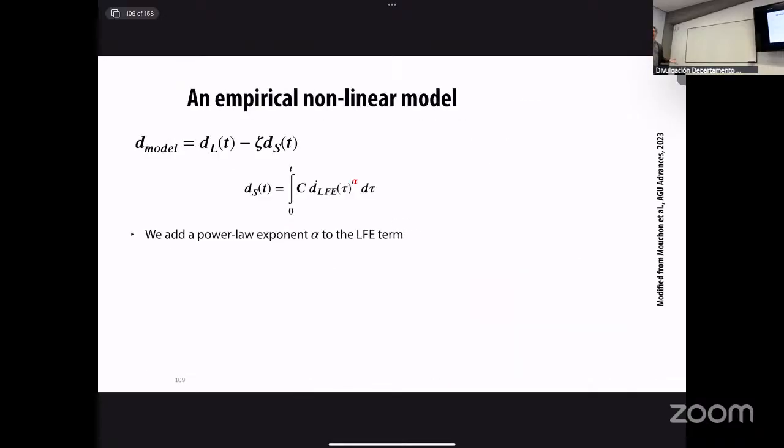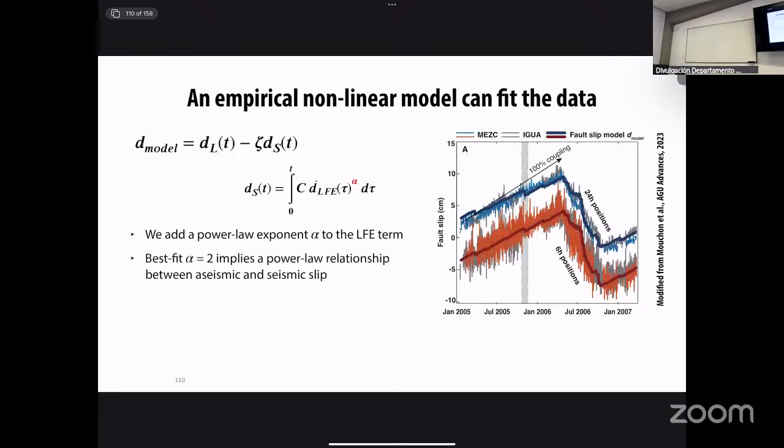We're just going to add a power law exponent to this term here. And we're going to basically ask what's the power law exponent we need so that any given amount of seismic slip is scaled to the correct amount of geodetic slip. And then we can make it work with this empirical relationship that for me is no longer visible.